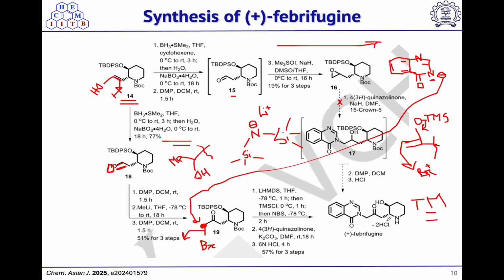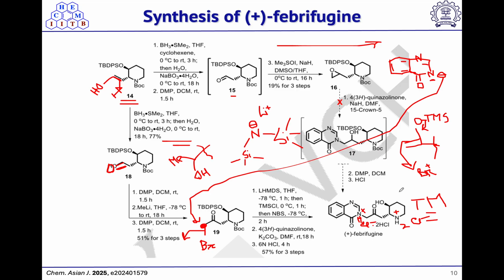This nitrogen and this nitrogen will form NH2 plus Cl minus, and here also NH plus, so two quaternary ammonium salts with Cl minus will form.